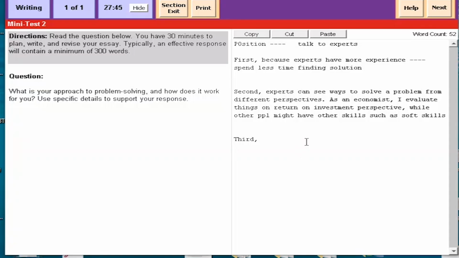So third, I'm going to say because experts have more experience, because experts sometimes have the licenses, have the tools necessary to make things happen. All right, I'm gonna change that later because this is an outline.